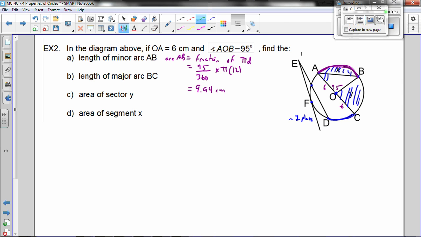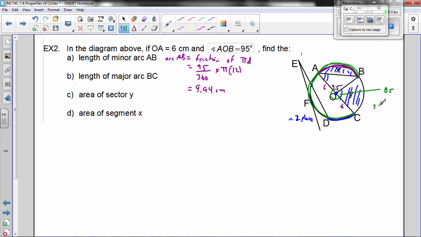The length of major arc BC. Well, I'm going to do the same calculation and mark up the diagram. Major arc BC, this is minor arc BC, so major arc BC is around this way, right? That's major arc BC. If that's 95, this little angle in here is 85. So what's the angle that defines the arc BC?